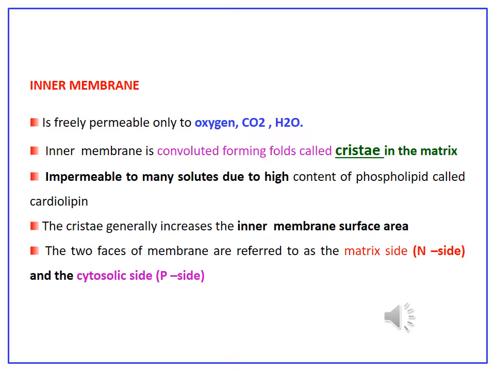The cristae increase the inner membrane surface area. The two faces of the membrane are referred to as the matrix side and the cytosolic side. The matrix side is called the N side, and the cytosolic side is called the P side.